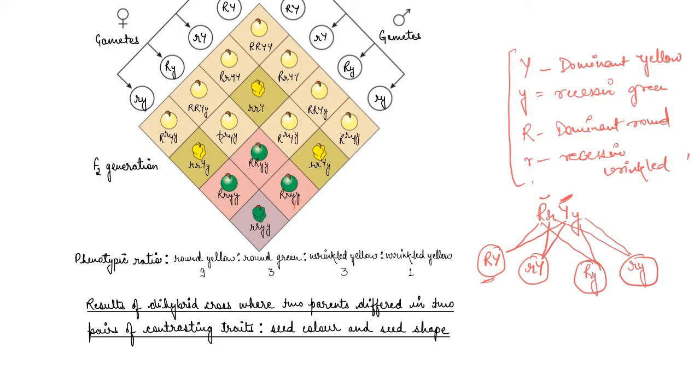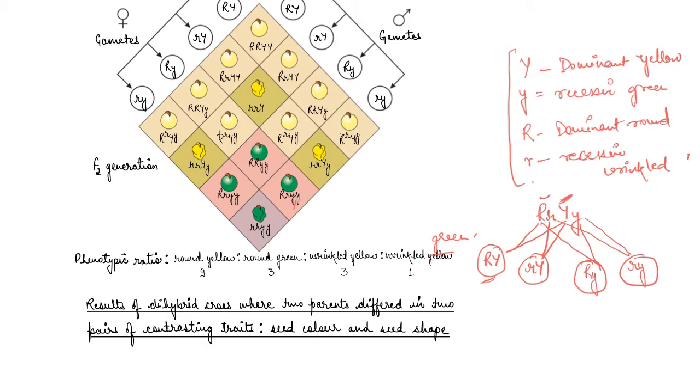Then I have round green, 1, 2, 3. So 3 round green. And then I have 1, 2, 3 wrinkled yellow. And then I have one wrinkled green, right?